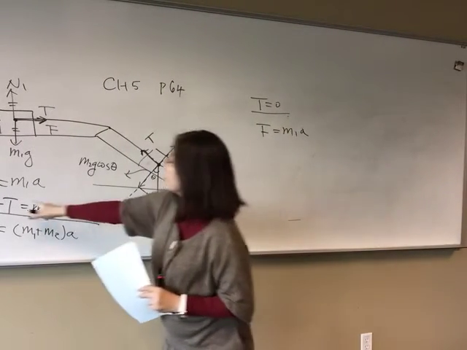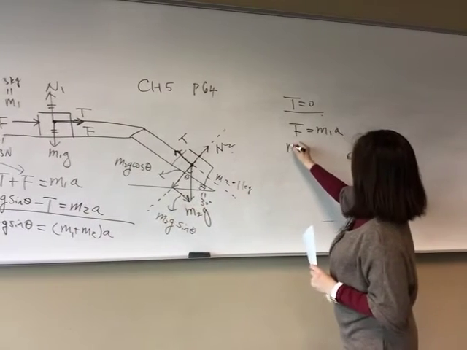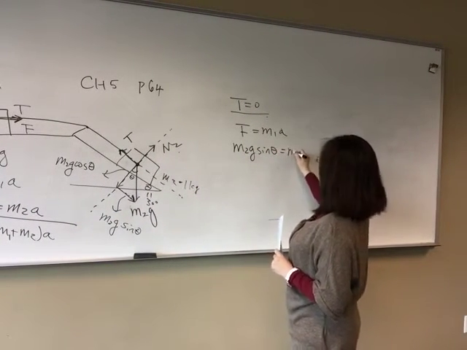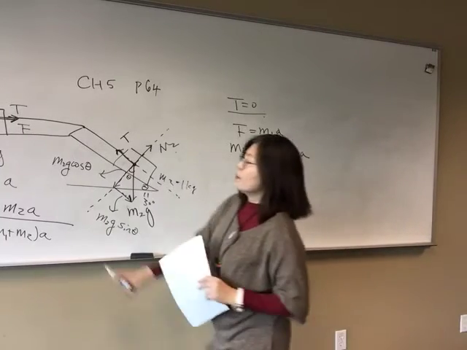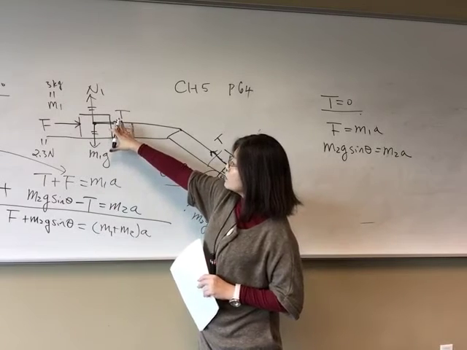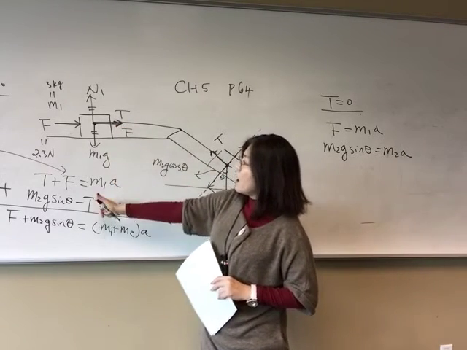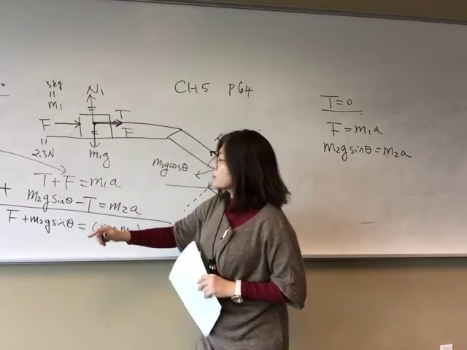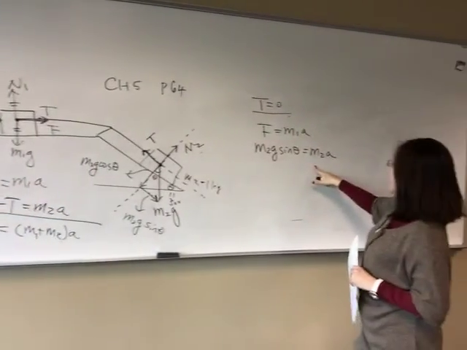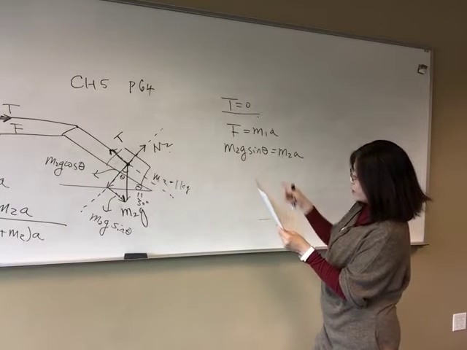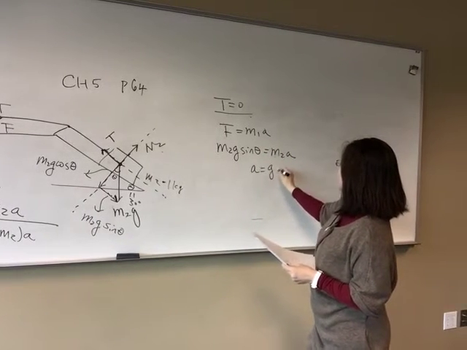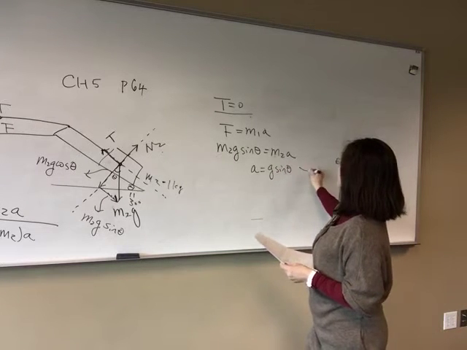And on the second equation, your T just gets cancelled, so you have your M2G sine theta that's equal to M2A. So in other words, you use these two equations that you set up utilizing this diagram, and for part B, because there's no tension, tension is just removed from the equation. So once you have that, you can see that your A here is just G sine theta, which is known, and then you plug into this equation.